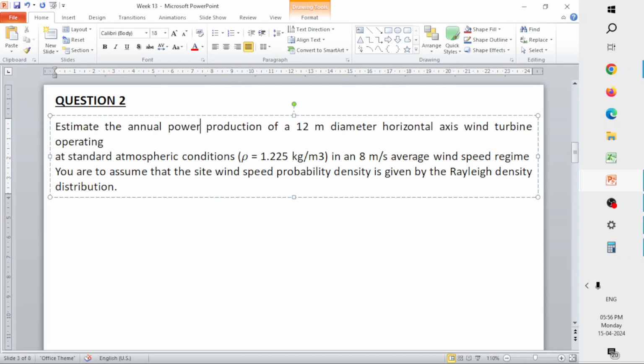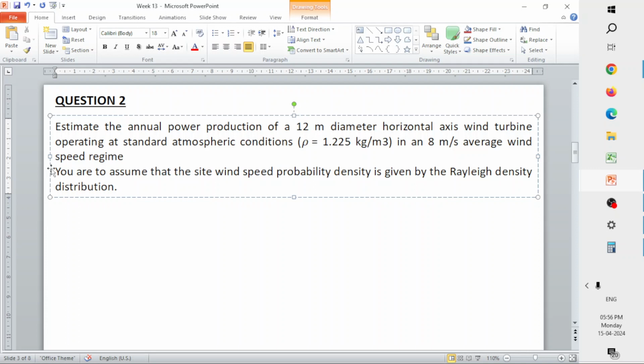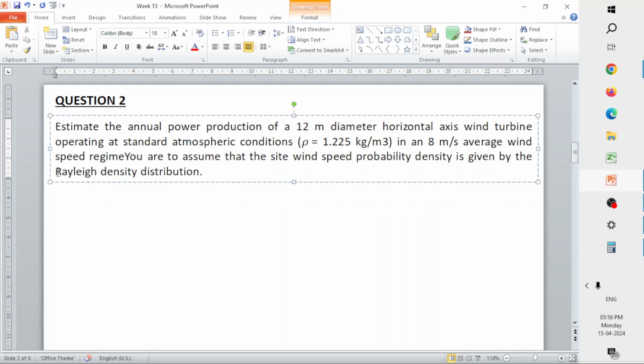You can write annual power production, and they are asking you to assume that the site wind speed probability density is given by the Rayleigh density distribution. Yesterday we discussed two different types of probability density models for finding out the wind speed: one is the Weibull and another one is the Rayleigh density distribution.